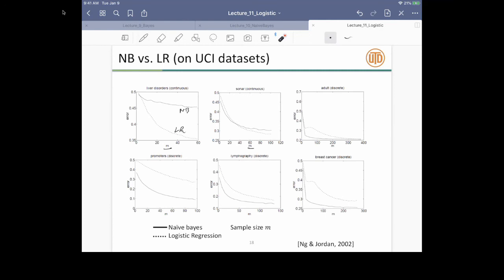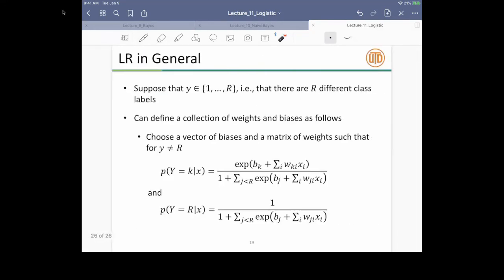Naive Bayes will converge quickly with less data, but it may not converge to a very good solution. Logistic regression in general will converge to a good solution compared to naive Bayes, but unfortunately it could require much more data. This is the high-level trade-off between logistic regression and naive Bayes.